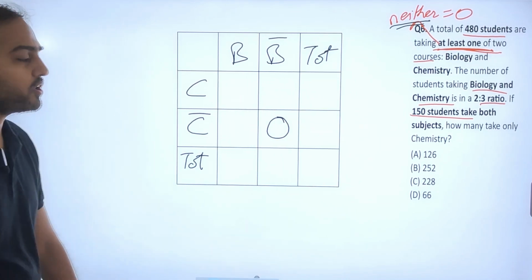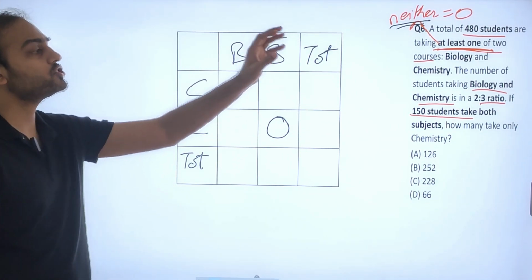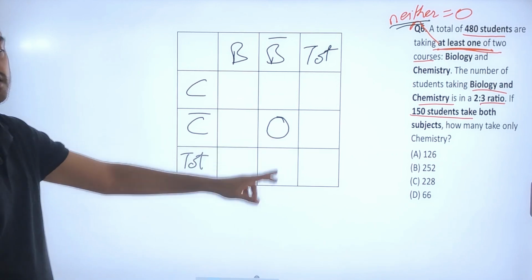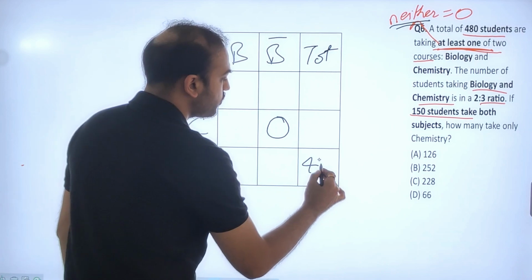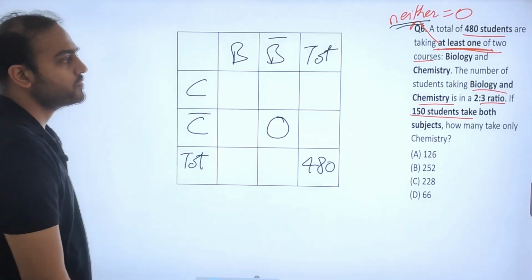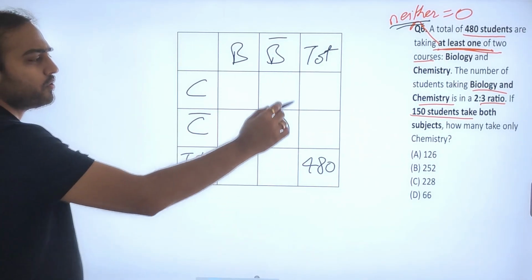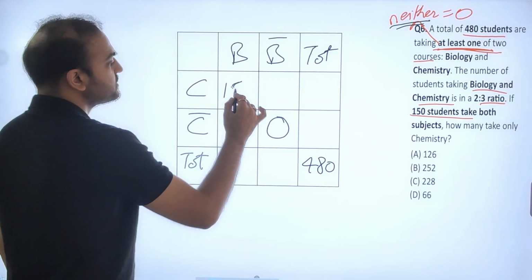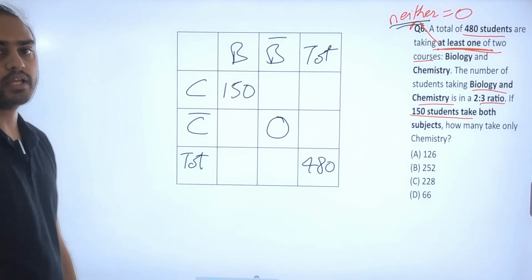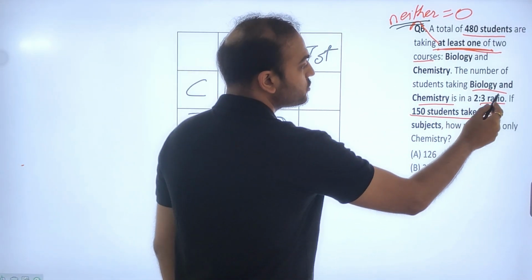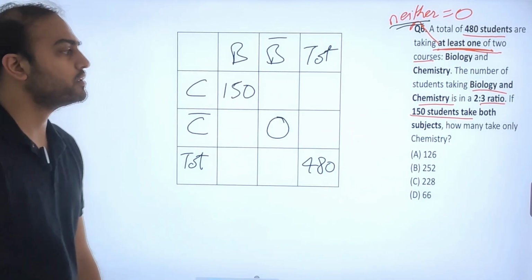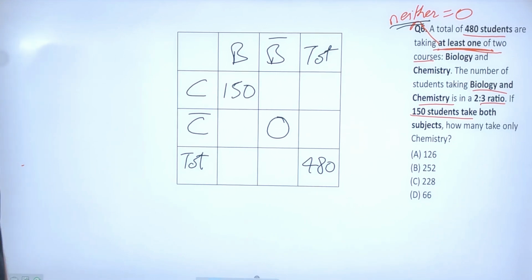Neither is zero because everybody is studying either biology or chemistry. Then there are total 480 students. 150 take both the subjects. So both is 150. And I know biology and chemistry, the ratio is 2:3.